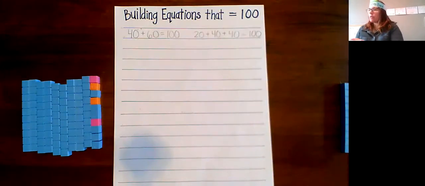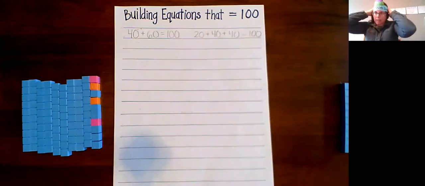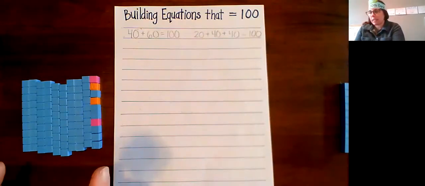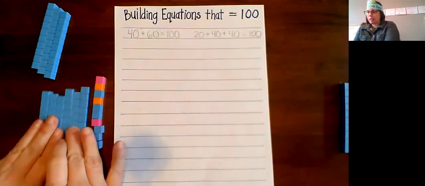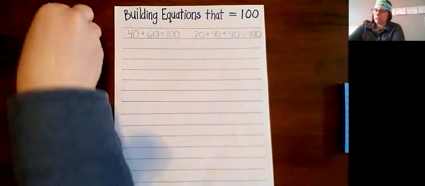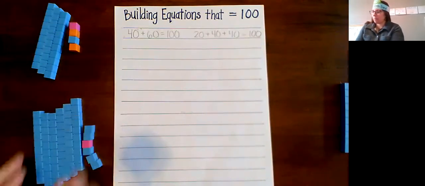Now we're going to do the same thing. We're going to split these into two parts and record our equations. This time I'm going to put some 10s here, some 10s here, some 1s here, some 1s here.